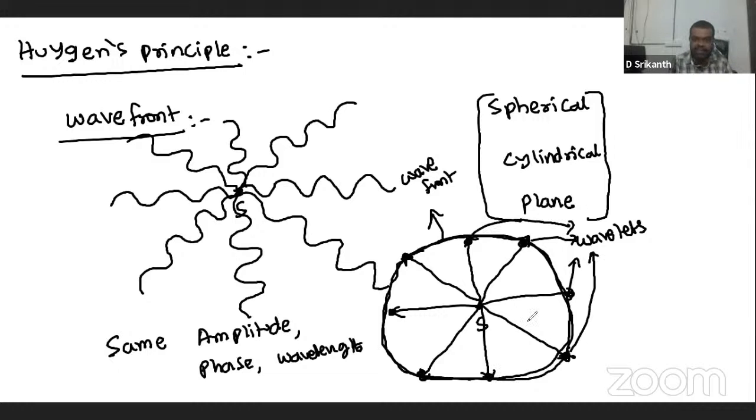Like this, these points can be called wavelets. Wavefront means the locus of all the points which have the same amplitude. Wavelet means the point at which the light wave has the same amplitude. Is it clear?